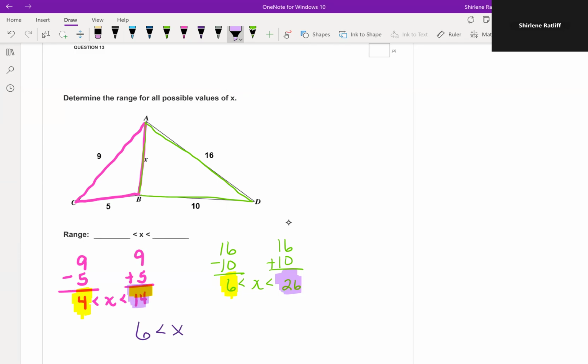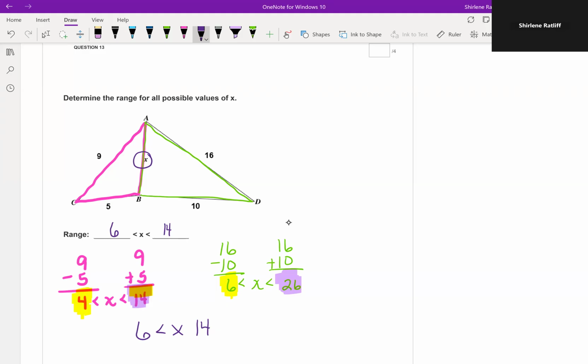Which one is lower in value, 14 or 26? The lower of the values would be 14. So your final answer for this side x: x can be any number greater than 6 and less than 14.